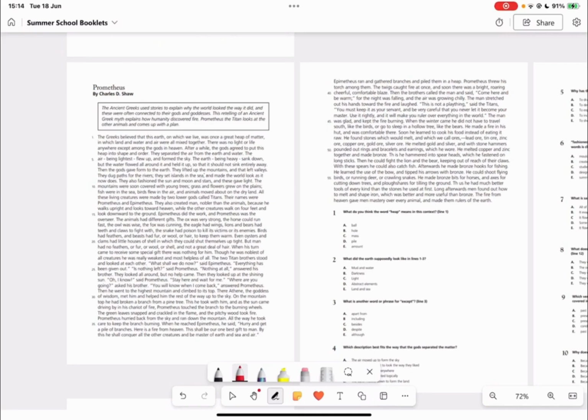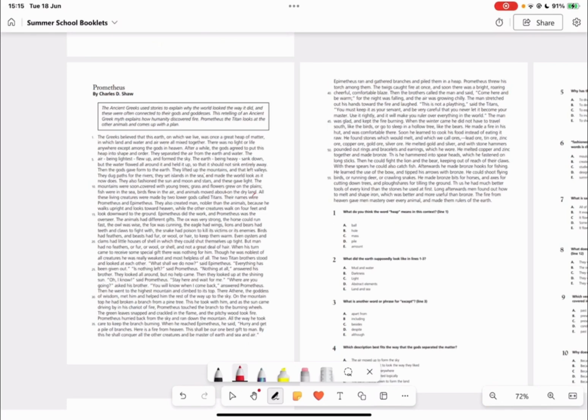Then the gods gave form to the earth. They lifted the mountains, and that left valleys. They dug paths into rivers. They sent islands in the sea, and made the world look as it now does. They also fashioned the sun and the moon and stars, and these gave light. The mountains were soon covered with young trees, grass and flowers grew on the plains.